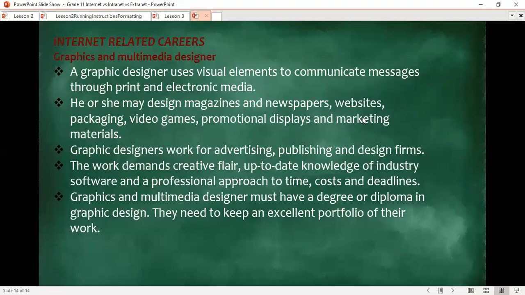So that is what these people do. They deal with animation, mostly video games, and especially marketing material. You may be playing a video on YouTube and then another video comes on which is not the video you're playing, but it's just an ad.